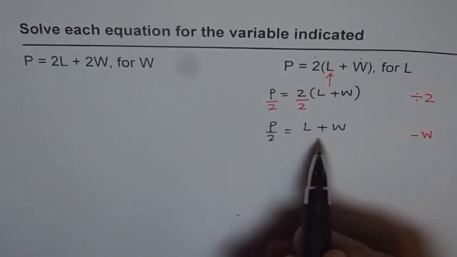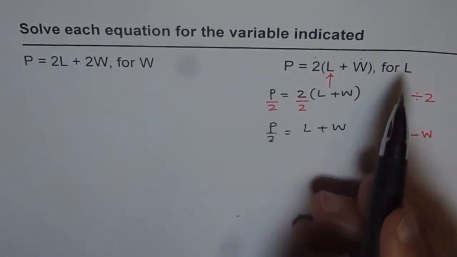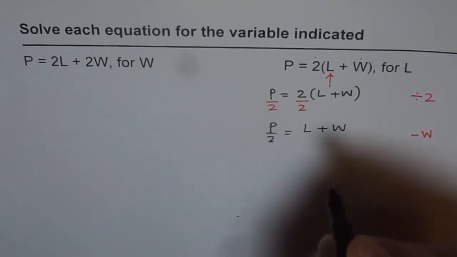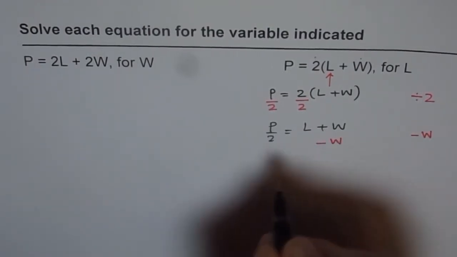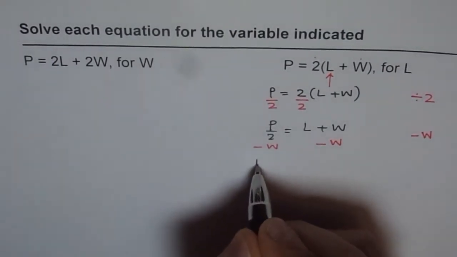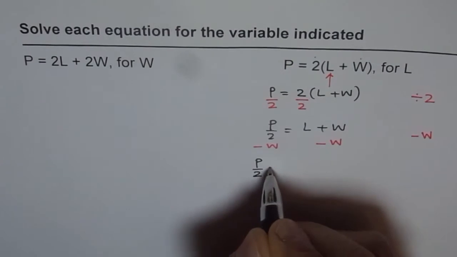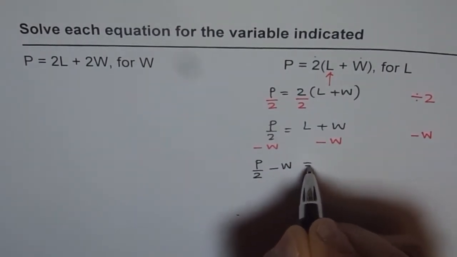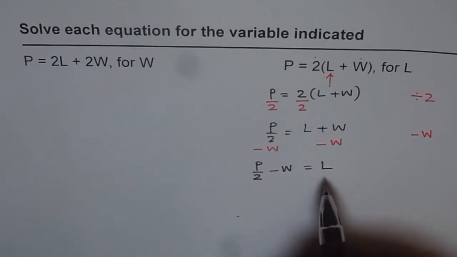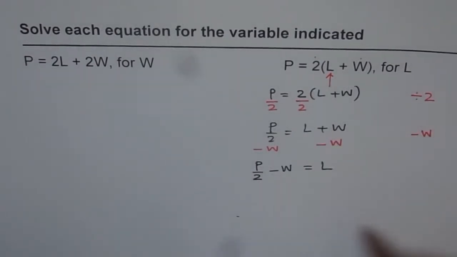Now we need to isolate for L, so we'll take away W from both sides. And once we do that, what do we get? We get P divided by 2 minus W equals L. So that is our formula for L. And that is how we can isolate L from this, right?